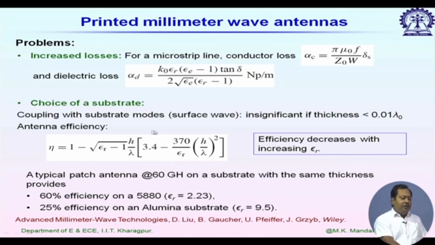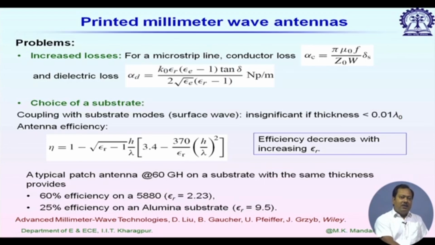Now, if I plot eta versus epsilon r for a given thickness, let us say h is fixed and frequency is also fixed, that means lambda is fixed, in that case eta decreases with epsilon r.